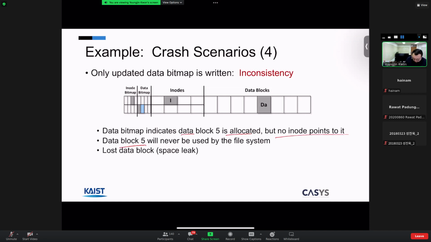Consequently, data block 5 is never used by the file system, so you lose that data block, which causes a space leak problem.